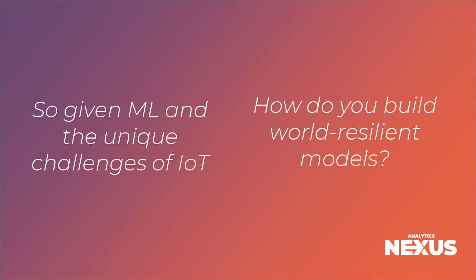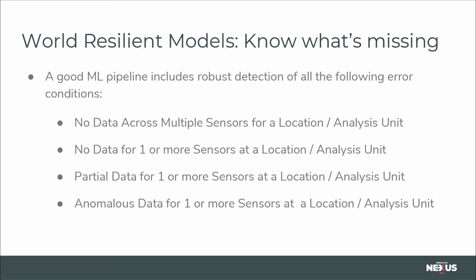The real challenges that we found in building good analytics in the IoT space is not so much the pure model building part, but the world resilient part, making it so that our models hold up to the real world challenges that IoT brings to the table. So here are 4 things that I think are really important from a world resilient model building perspective.